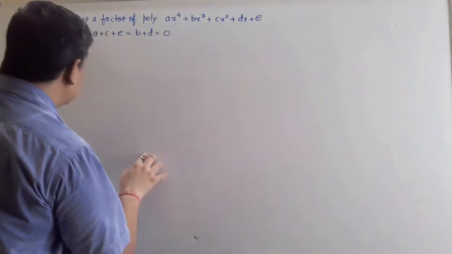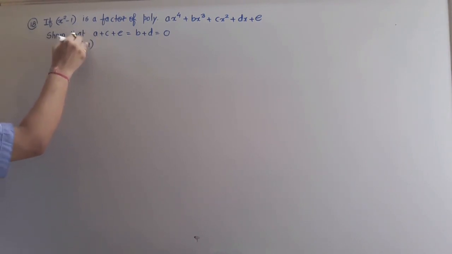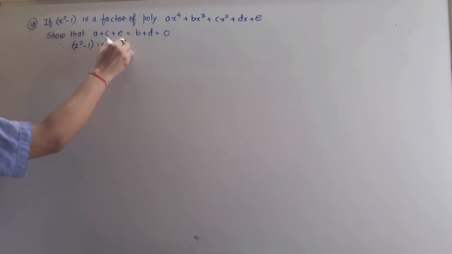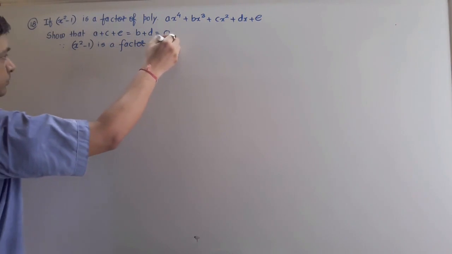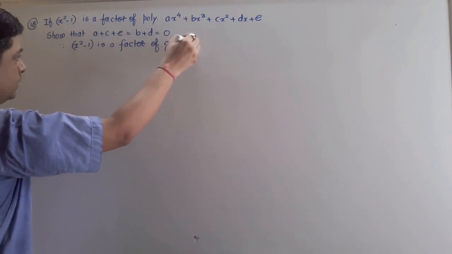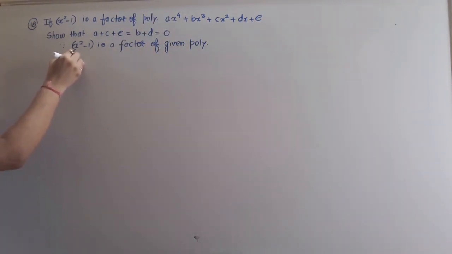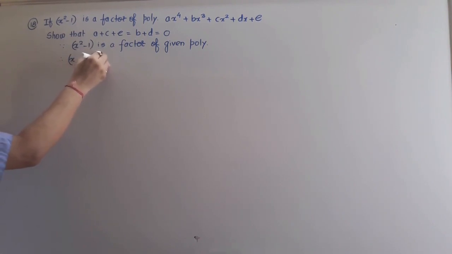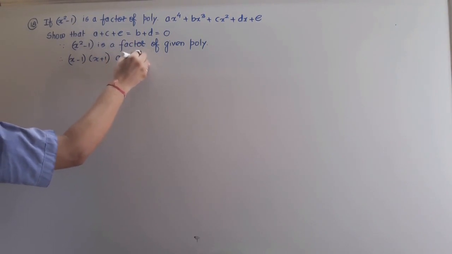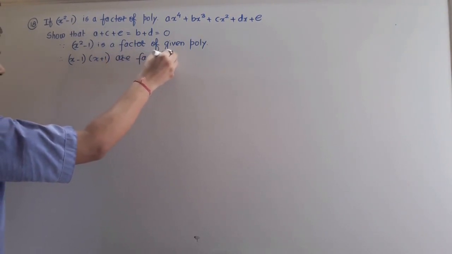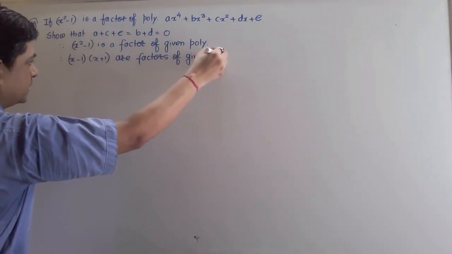First we shall write down, since x square minus 1 is a factor of the given polynomial, I can say that therefore x minus 1 and x plus 1, I told you earlier how they came, are factors of the given polynomial. Means if I separate, that will come like this.